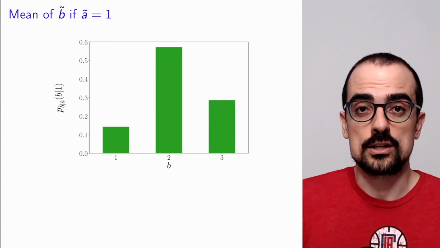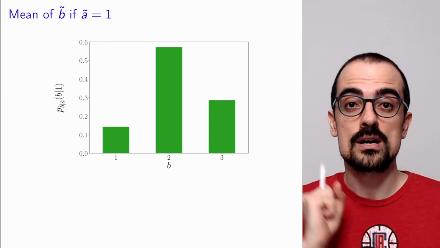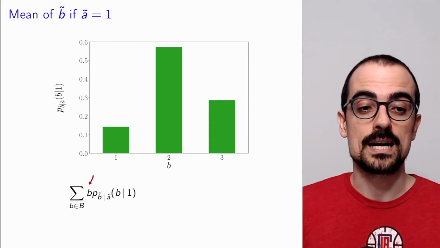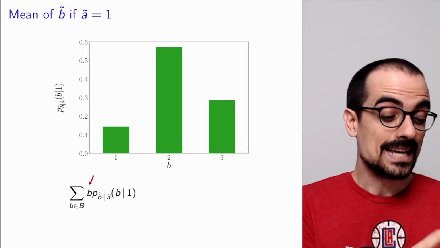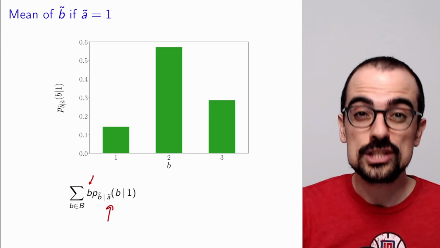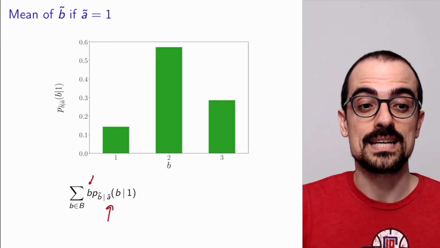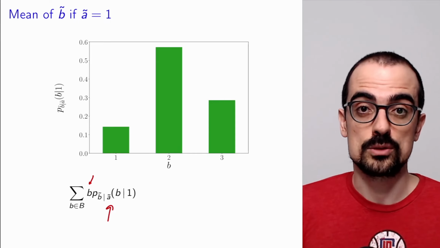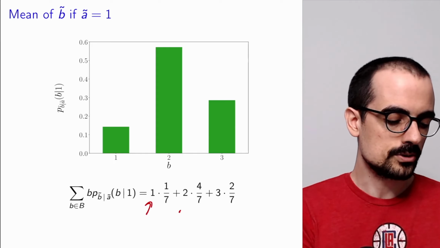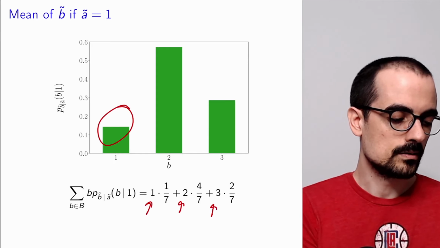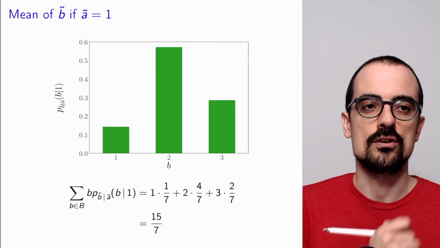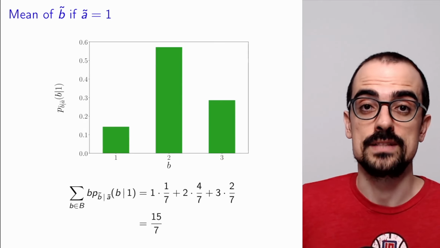In order to compute the conditional mean, we're going to apply our formula for the mean, which remember was basically a sum over the possible values of B. And then we used to multiply by the probability that B takes those values, but now we're interested in the conditional probability that B takes those values, given that A is equal to 1. So we use that conditional probability instead, and these are the three possible values. We multiply by each of the corresponding probabilities, and we get that the conditional average or conditional mean of B when A is equal to 1 is equal to 15 over 7.